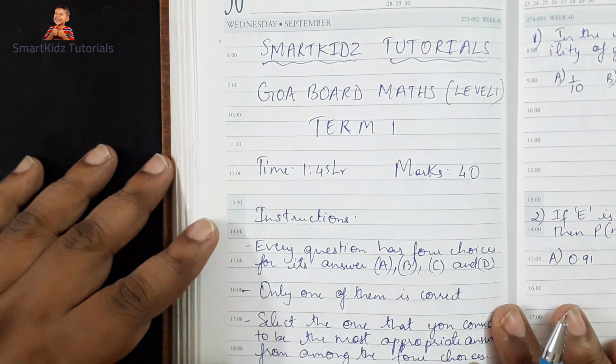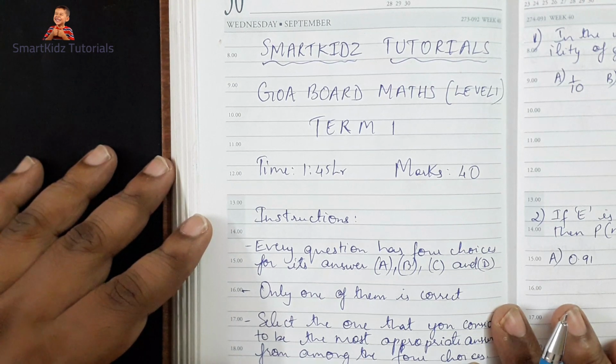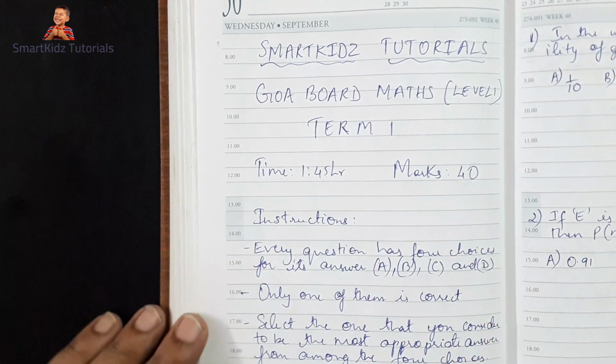So irrespective of whether the answer is right or wrong, you will get 1 mark. So always look to answer all the questions that are there. You don't have to write an answer, you have to just select one which you think is an answer. Okay, so let's begin.